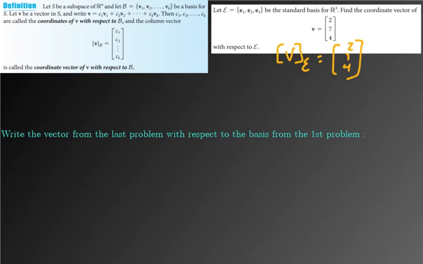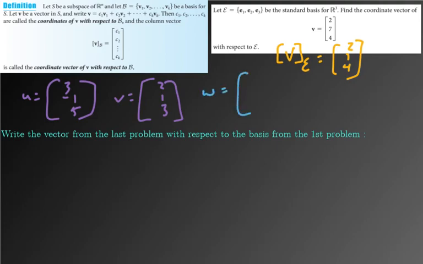Here's another example. Say you have u and v, which are basis vectors for some plane in R3. There's a vector w, which equals (0, 5, -1), that is in the plane spanned by these two basis vectors.